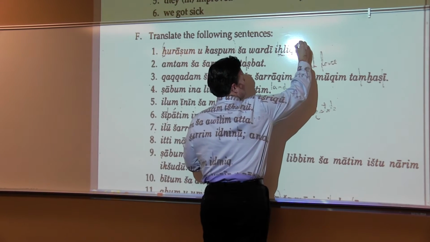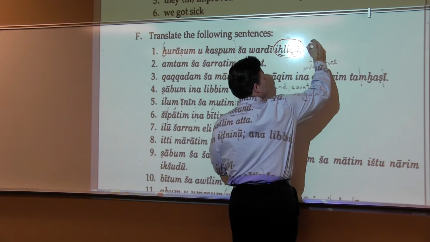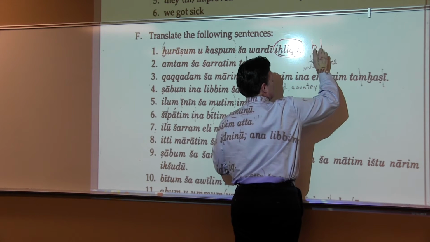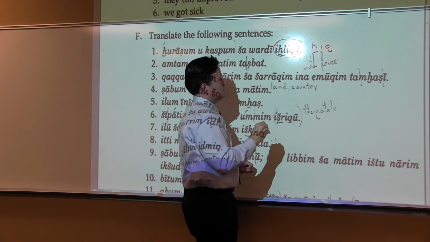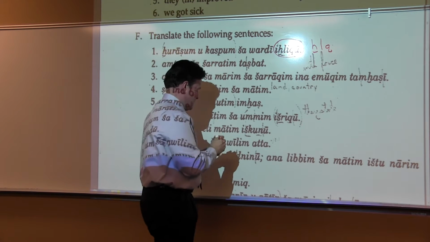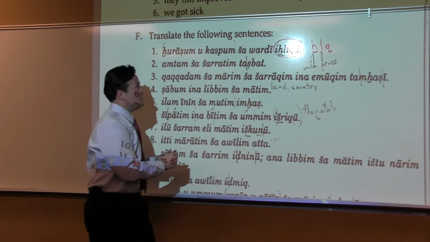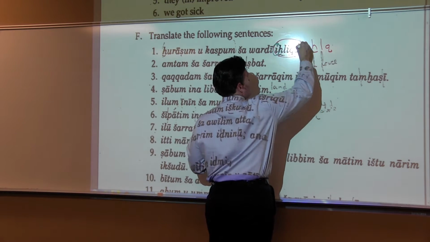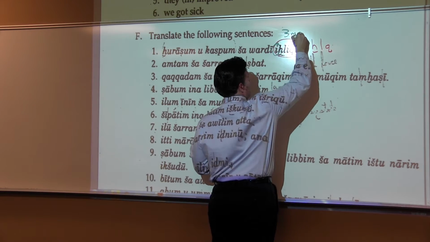So this is the verb, ichliku. It comes from the root chalak, cheth, lamed, kaf. It means to perish. The prefix and the suffix indicate that it is third masculine plural. It's a preterite.